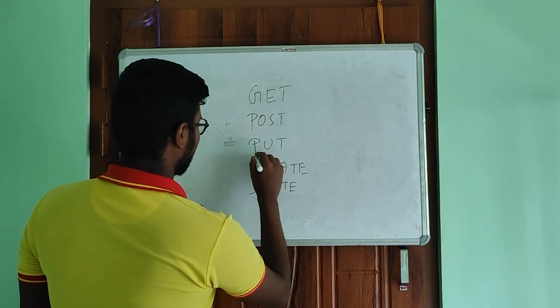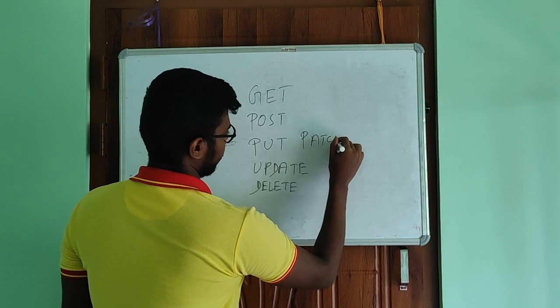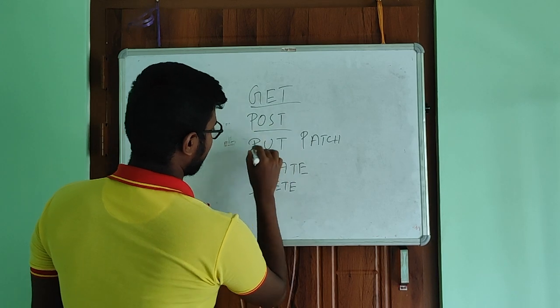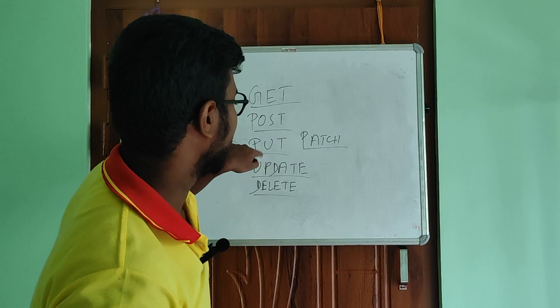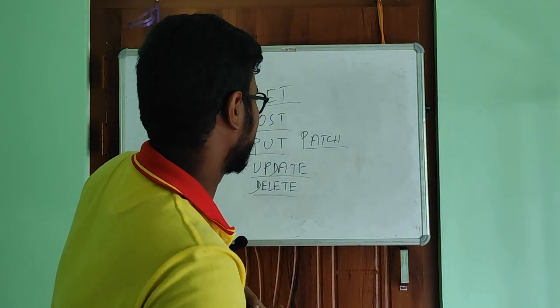And also there is one that is patch. Okay, so these are the request methods in API. Okay, and there are several more, but these are the most important ones. So you have to have proper knowledge of these requests.